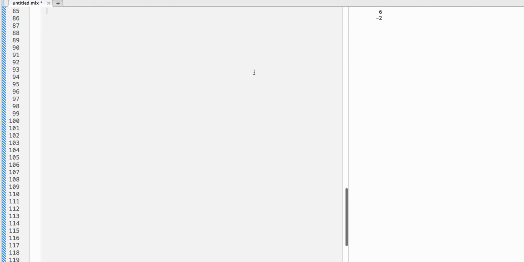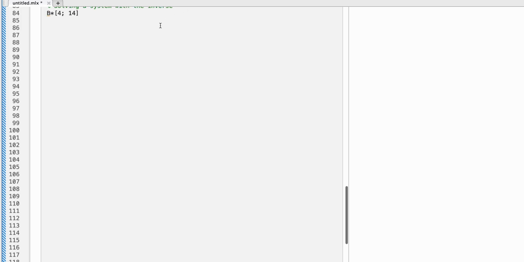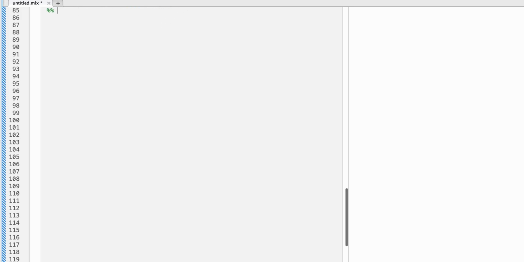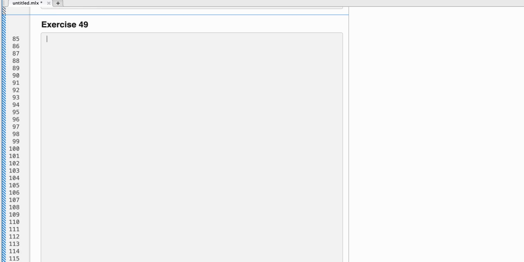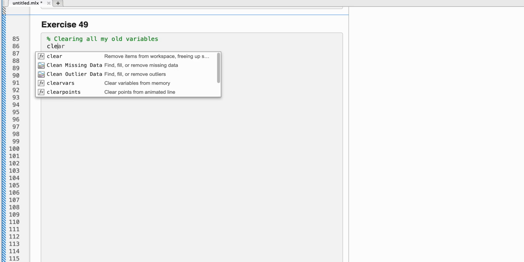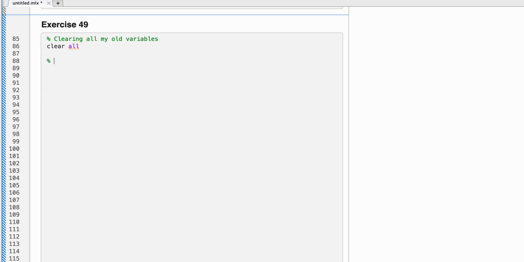Okay, so this is going to be a new exercise here. Let's say this is exercise 49. First thing I'm going to do is clear all the old variables, and that is done by the command clear all.